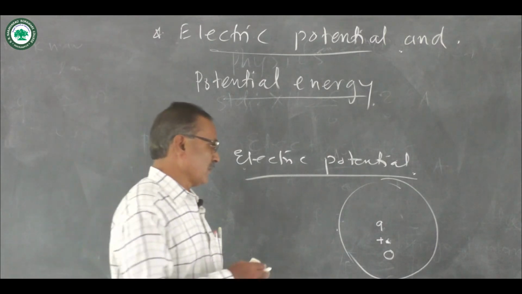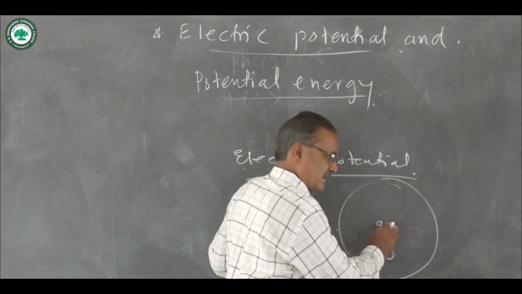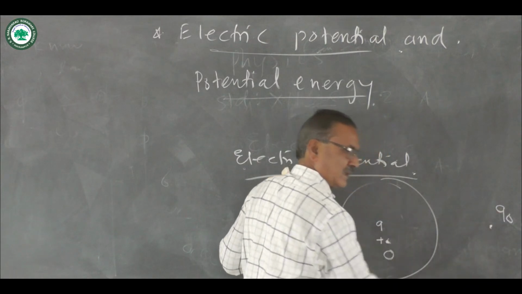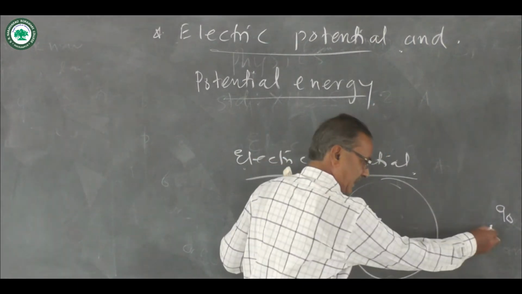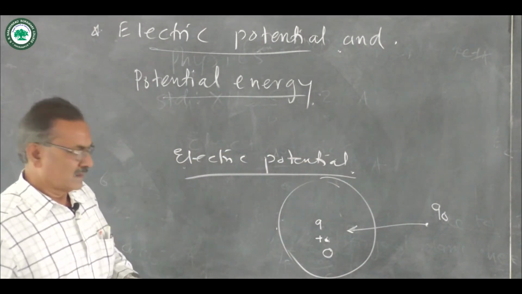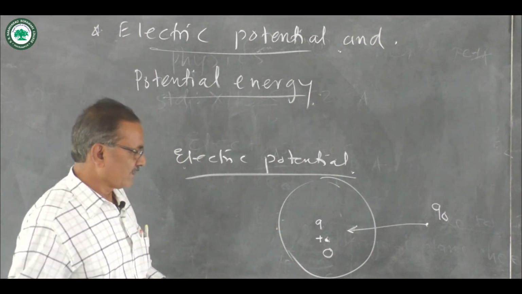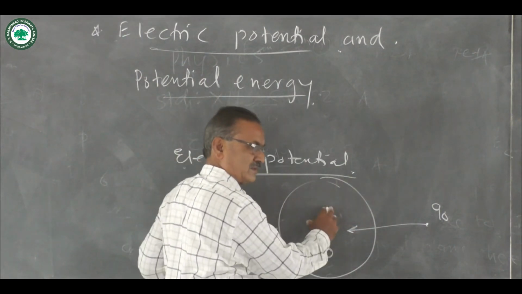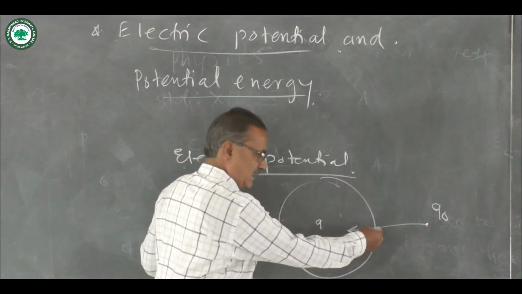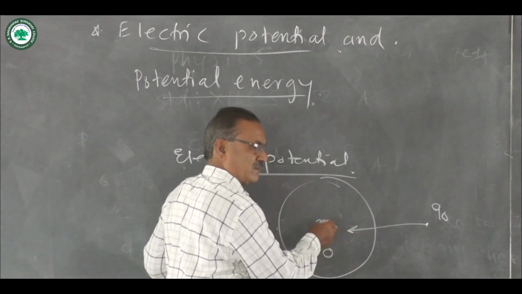Now in this sphere of influence of electric field produced due to the point charge, if another charge, suppose charge Q0, is brought into the vicinity of the electric field due to charge plus Q, what will happen? The charge exerts a force on the other charge which is brought into the electric field.